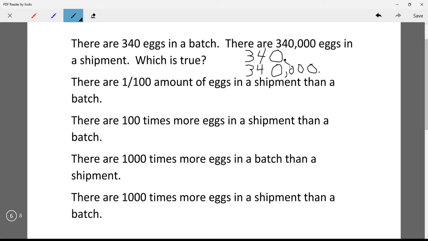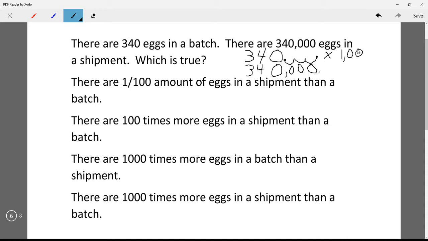So we go 1, 2, 3. So we have to make 3 hops. That means that we have to multiply this number, okay? Since we're going to the right, we are multiplying, and we are multiplying by, we always put a 1, and then the amount of hops that we made, that's how many zeros it's going to be.